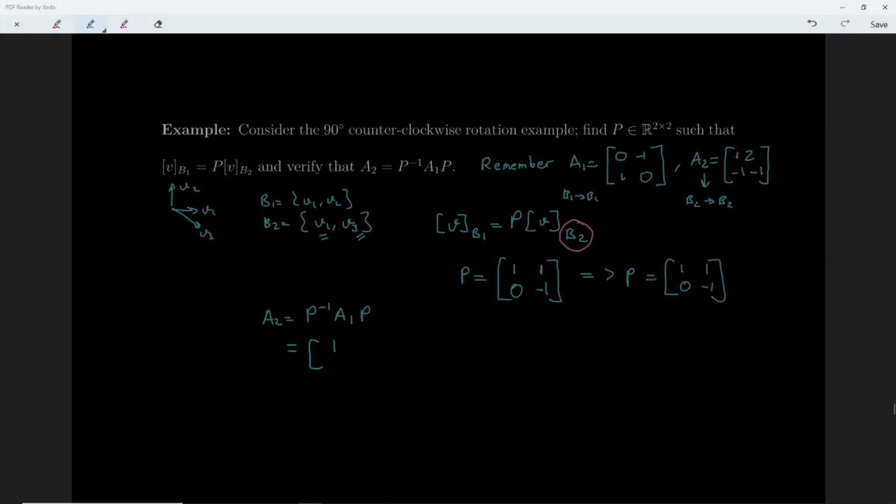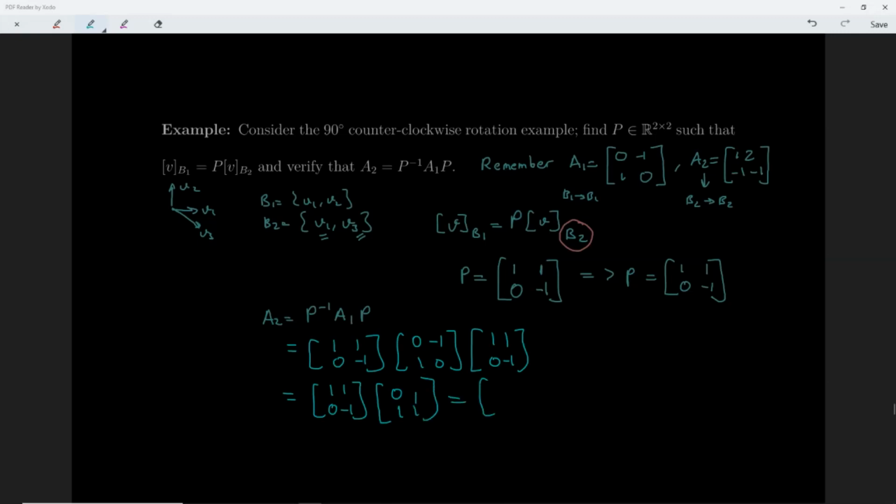So it's going to be 1, 1, 0, minus 1. A1 was 0, minus 1, 1, and 0. And P is again 1, 1, 0, minus 1. And that will be equal to 1, 1, 0 minus 1, and that will be simply get the first row over here, 0 1, that will get the first row there, 1 1, and that will be the summation of two rows, right?